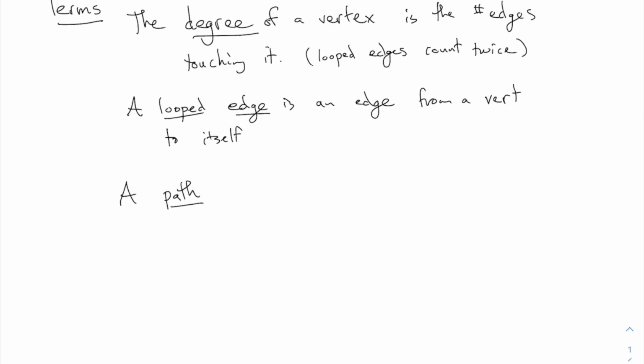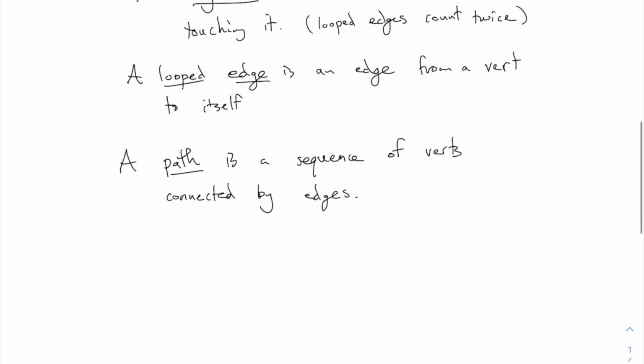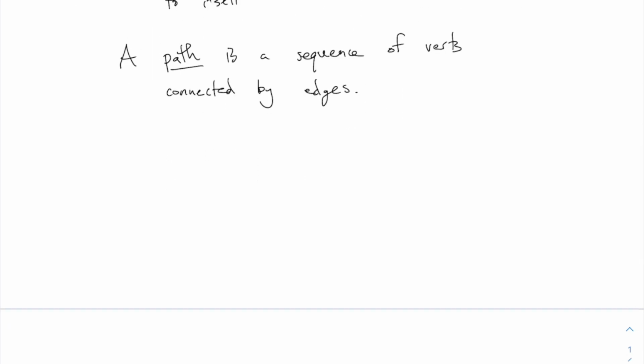Just to be specific about how we define what a path is, it's you go from here to here to here to here to here, right? A path is a sequence of vertices that are connected by edges. So, for example, if I wanted to be very specific about a path that I'm talking about, here is another picture of a graph, and I'm going to give the vertices names.